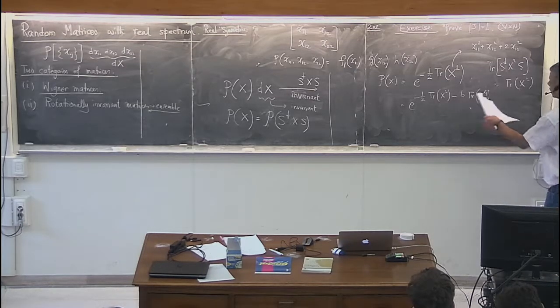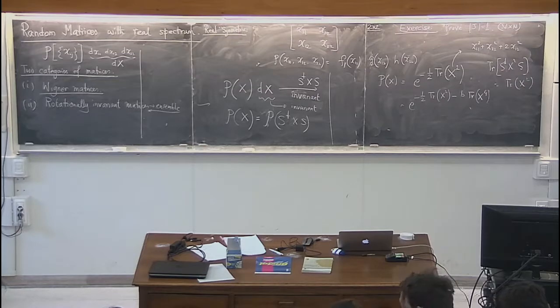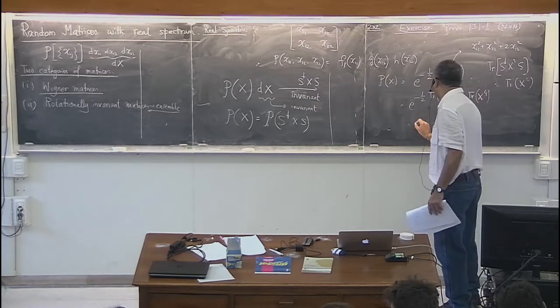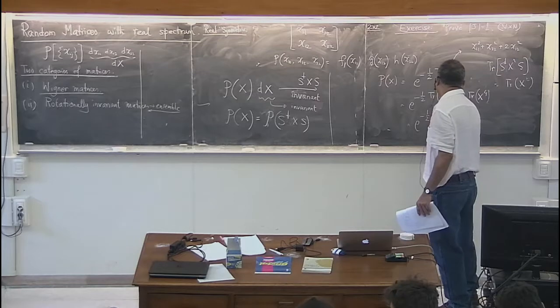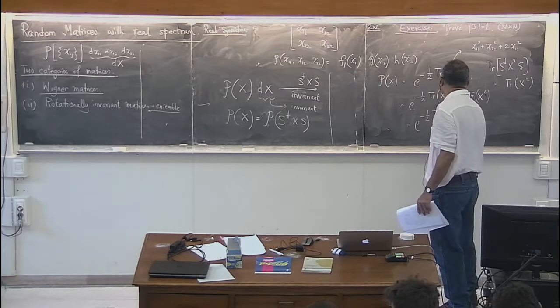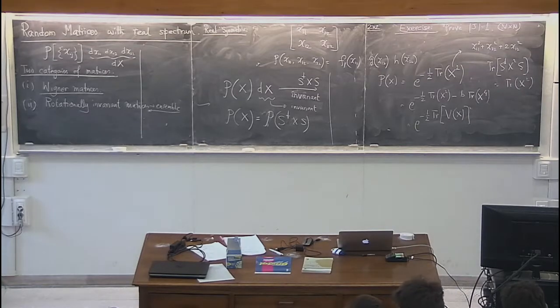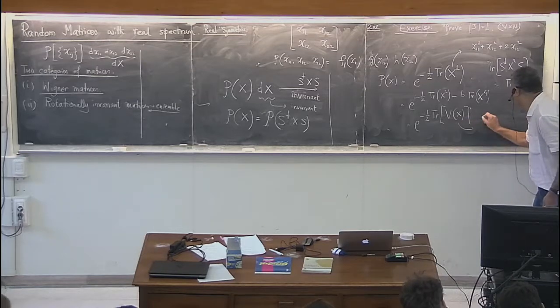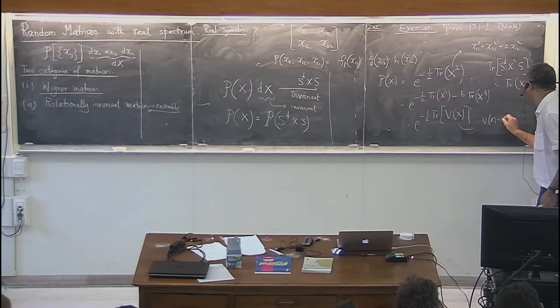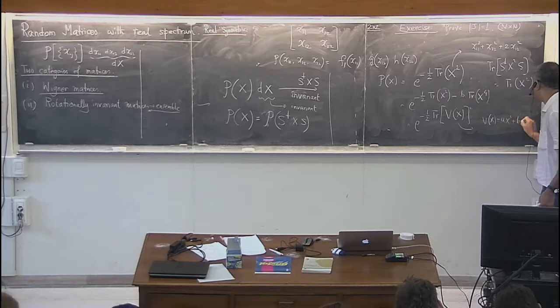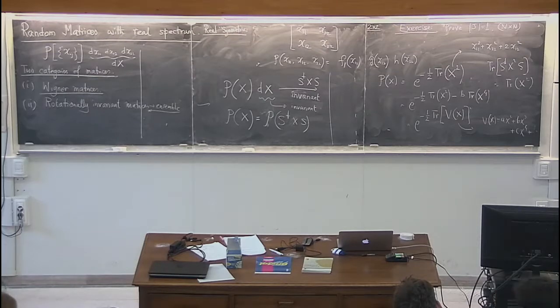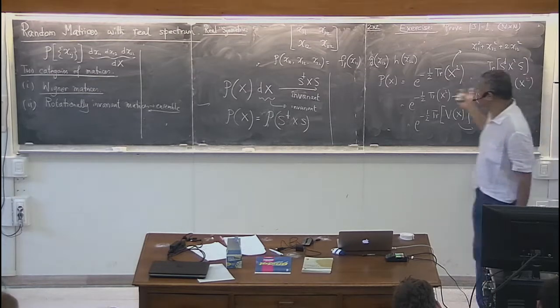So this one again is invariant under the rotations. In fact, in general, you could choose any polynomial function of x, let's say V of x, some a x square plus b x cube plus c x fourth, etc. So all this is invariant under this similarity transformation.